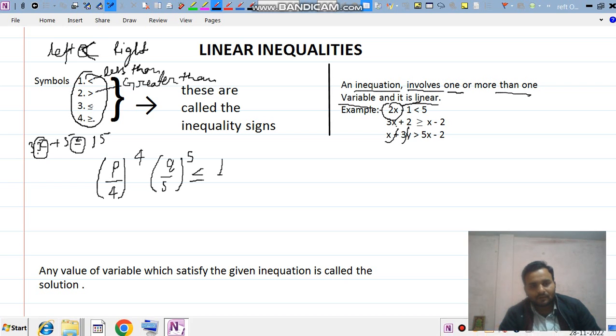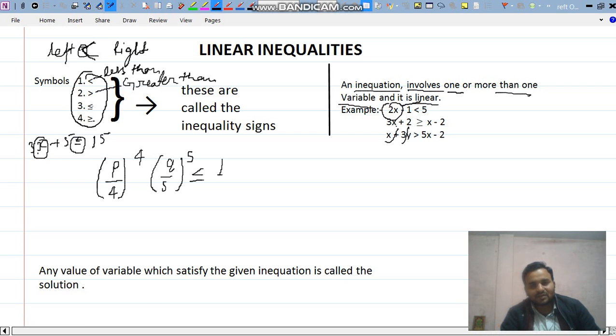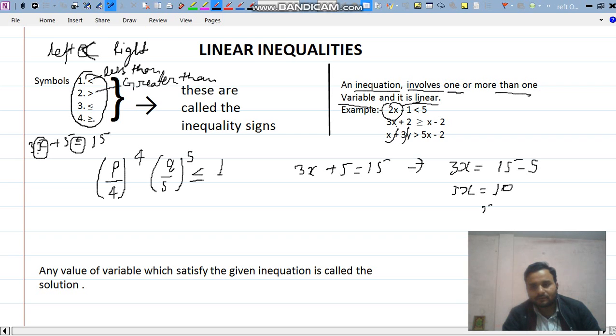Here we should know about the solution of linear inequations. Suppose an equation is given, you can take this example like 3x + 5 = 15, we solve it. 3x is equal to 15 minus 5, then 3x is equal to 10, and x is equal to 10 by 3.